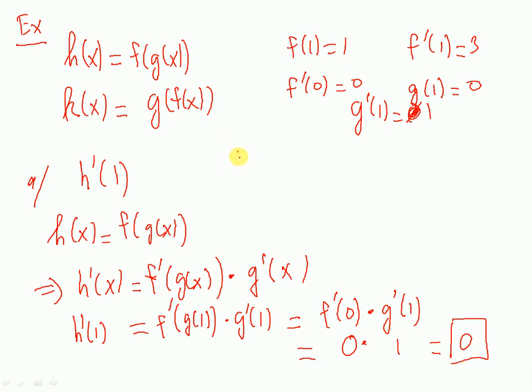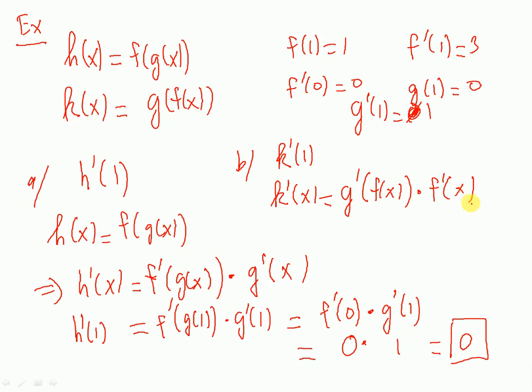Now another part asks you to find k prime of 1. So remember, k is this function. Again we have the outside and the inside function. So take the derivative of your outside function, which is g prime, first, and multiply by the derivative of your inside function, which is f prime of x, for the chain rule.